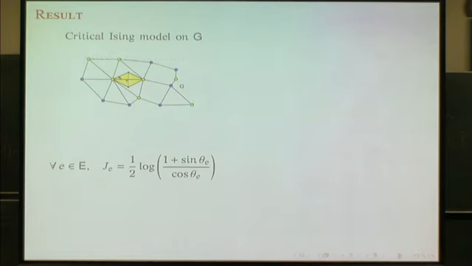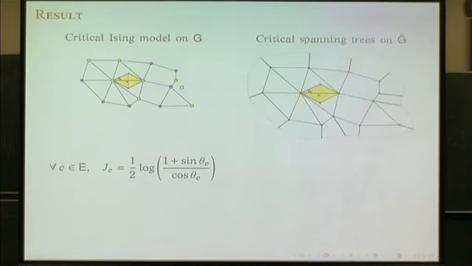So the result I want to prove today is the following. You take a critical Ising model on your graph G, with this choice of weights, and you consider critical spanning trees on G bar, which is the graph G just extended along the boundary. Basically you have to think of G, but you add an edge exiting for every vertex at the boundary.